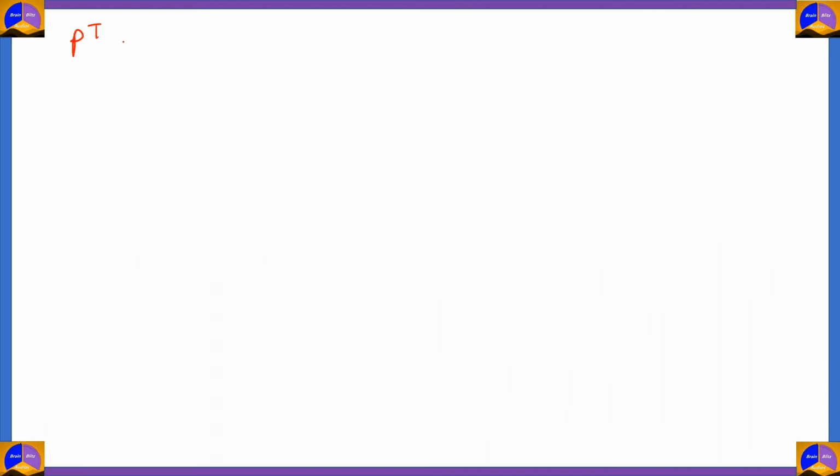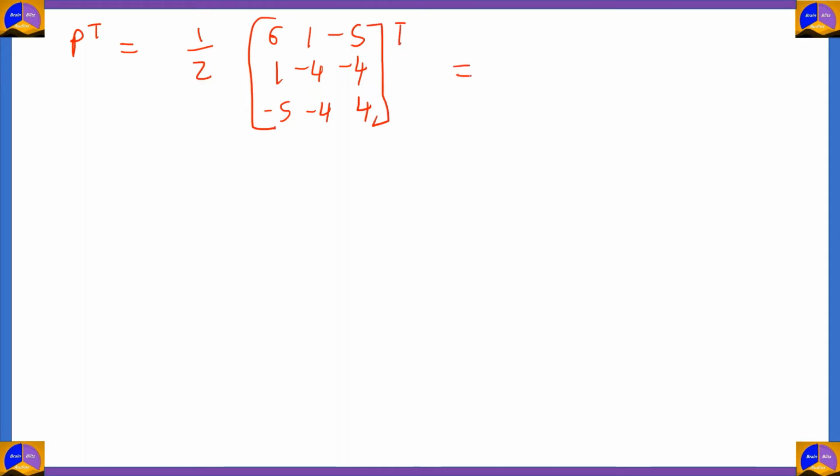P transpose will be equal to half times 6, 1, minus 5; 1, minus 4, minus 4; minus 5, minus 4, and 4. And we'll do the transpose of this matrix, which will actually be equal to 6, 1, minus 5; 1, minus 4, minus 4; minus 5, minus 4, and 4.